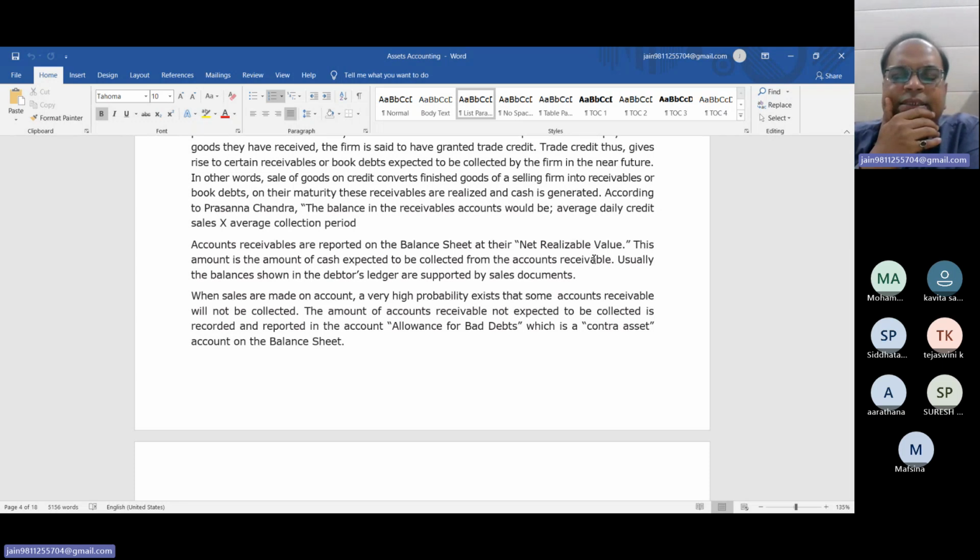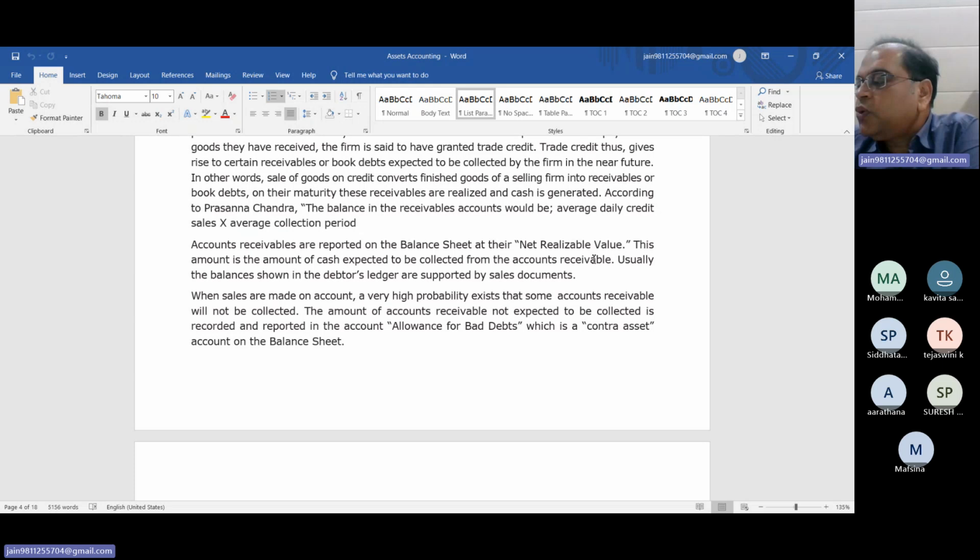Suppose in the balance sheet, total debtor of 50,000 rupees is given. In the adjustments, bad debts of rupees 2,000 and provision for doubtful debt of rupees 1,000 are given. Then what amount do you record in the balance sheet?